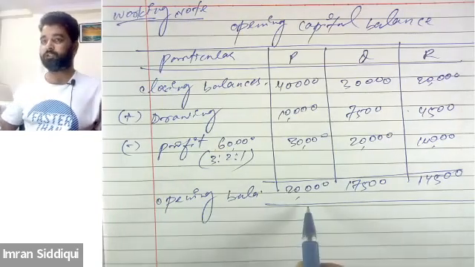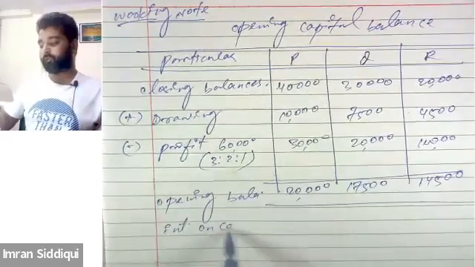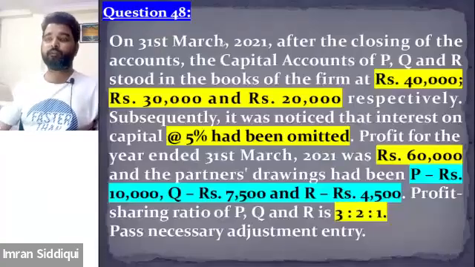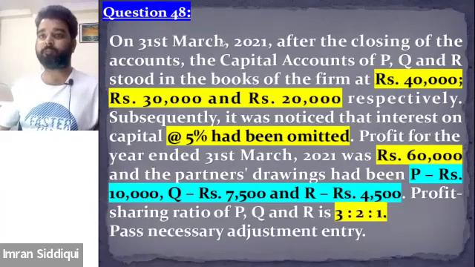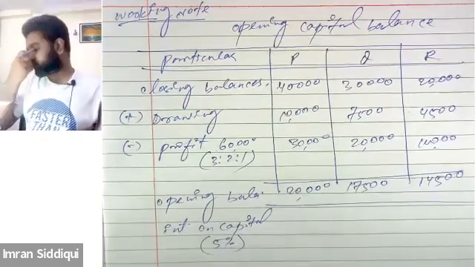Now, since you have the opening capital balances, you will be able to calculate the interest on capital as well. If you remember, the question says that interest on capital was 5%, which is omitted to be written, omitted to be credited among the partners. So now we will simply calculate 5% of 20,000.